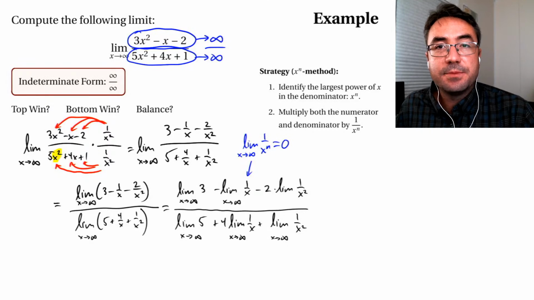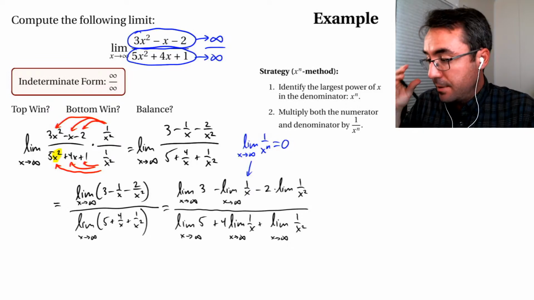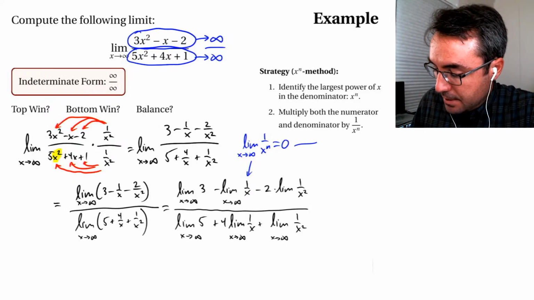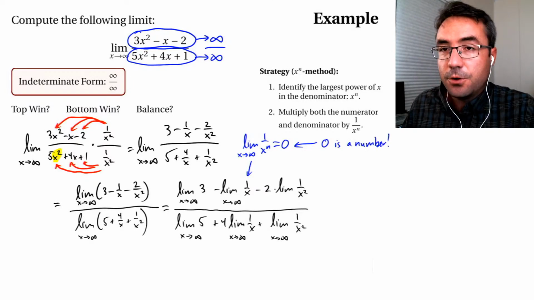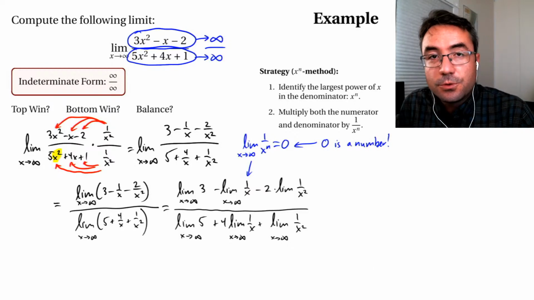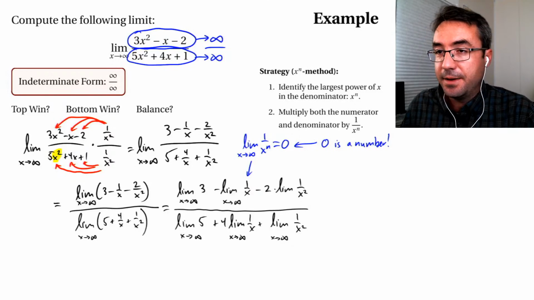So this is why this method works, because each of those limits of 1 over x is equal to a number. And that's what's nice, is that 0 is a number. So we can do usual arithmetic with it. We can add 0, we can multiply by 0, perfectly fine.